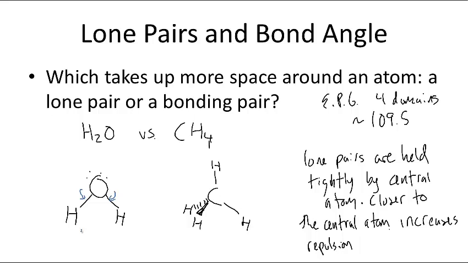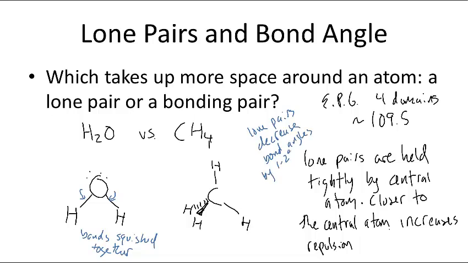So bonds are squished together. Now, it's not a huge amount. It doesn't go from like 109.5 to 90, right? So lone pairs can decrease bond angles by, let's just say, 1 to 2 degrees.